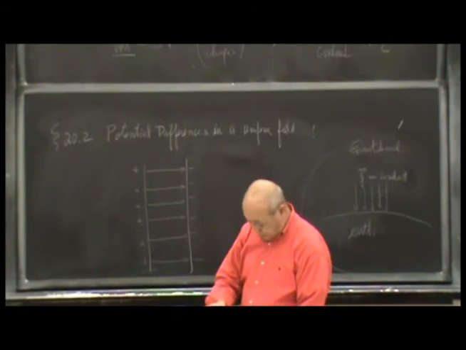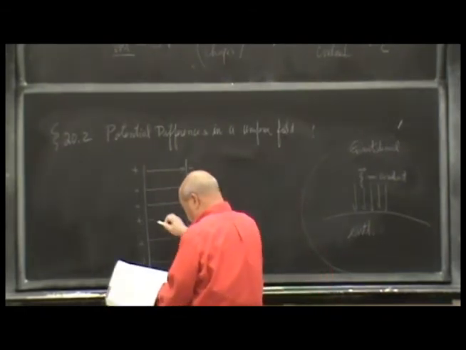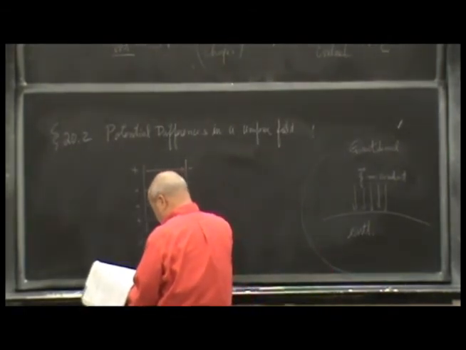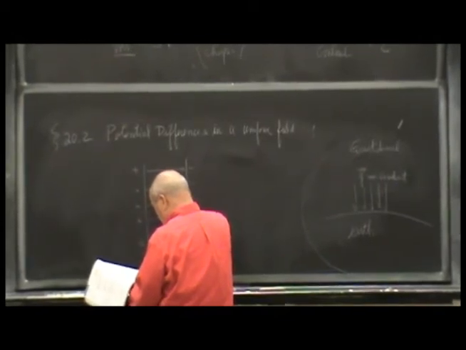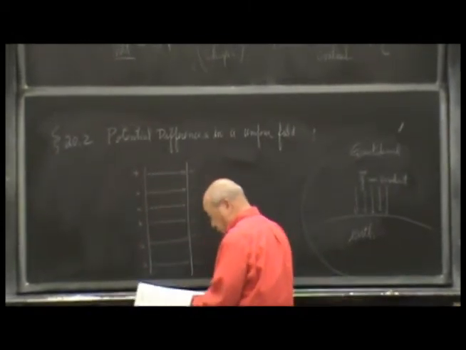In these cases, we like to say the electrical potential energy is like this. We have something move from one place to another place.